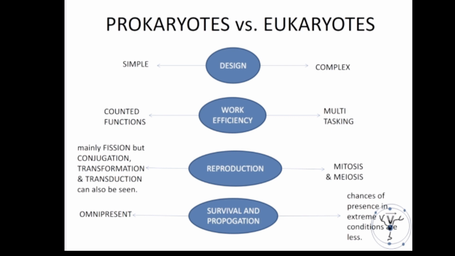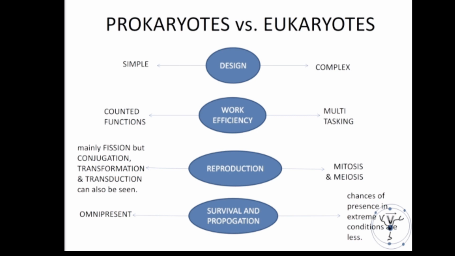If we compare both the models on the basis of work efficiency, then obviously the prokaryotic cells, since they lack many of the cell parts, do not perform many of the functions as properly and as specifically as eukaryotic cells. Hence, the number of functions is somewhat limited in the case of prokaryotic models.